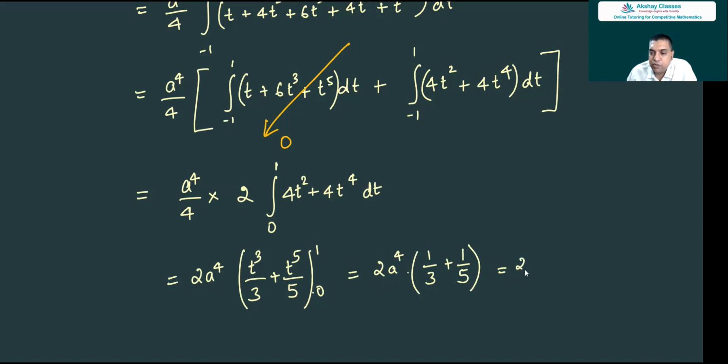So we get 2a power 4 into 8 upon 15. So you get 16a power 4 upon 15. This is the answer.